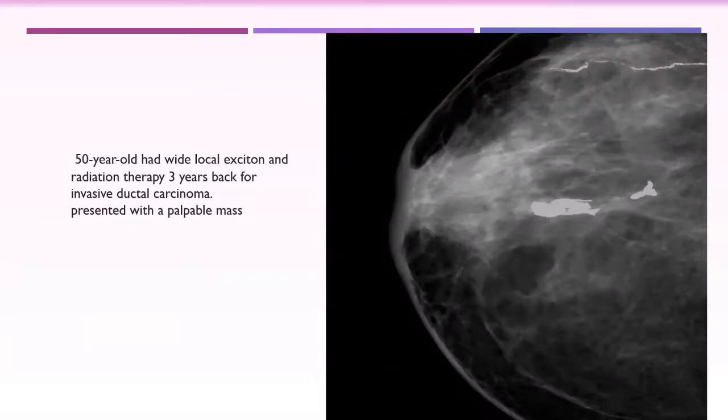What is the cause of these densities? What are these? Could be calcification at the site of the surgical clips. Yes. What is the type of calcification? You are right, these are calcifications. Is it a suspicious calcification? It is junk calcification.